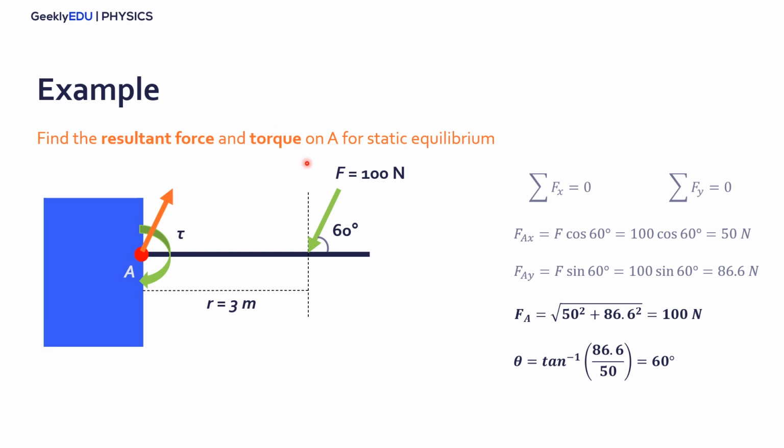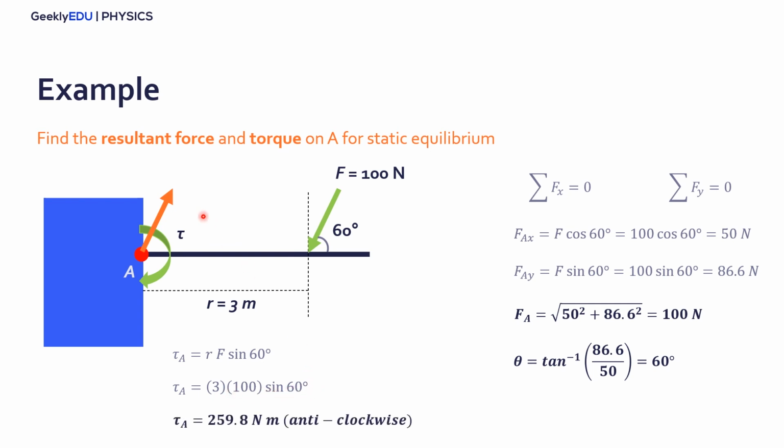And now for torque, this force pointing down tends to make the beam turn in the clockwise direction, right? So the torque is R F sine of the angle 60, which is 3 times 100 times sine of 60.